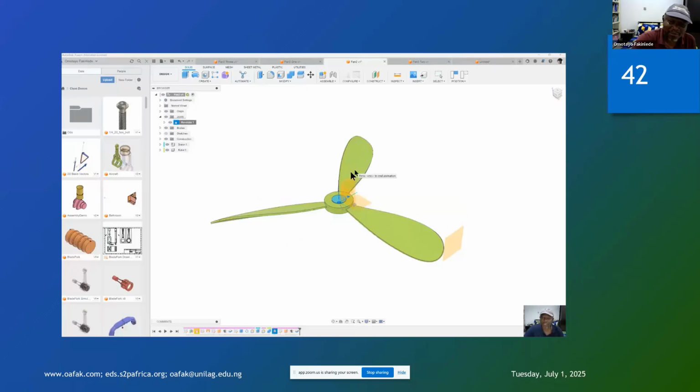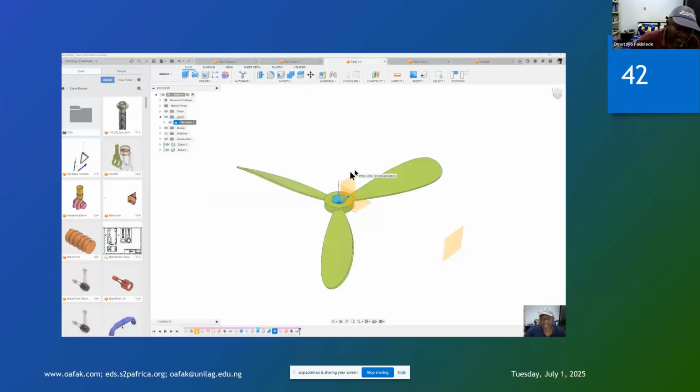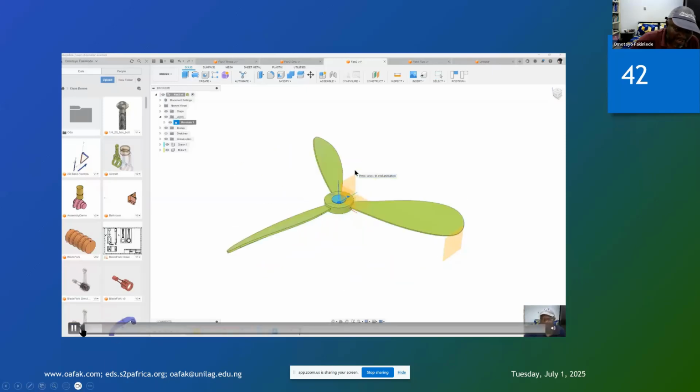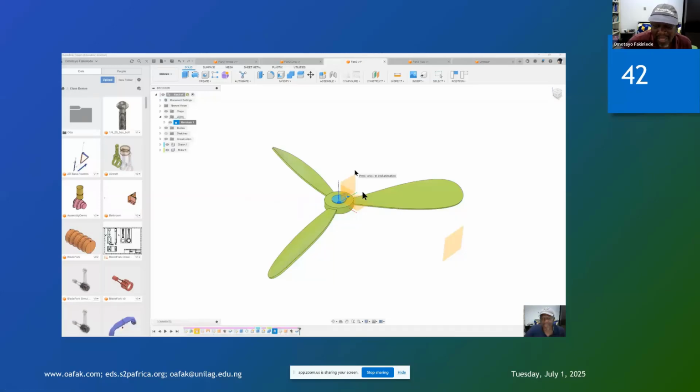So when we make the frame and when we make the fan and the thing moves like this, the question is this: how does an engineer decide how many blades he should have? How does an engineer decide how the blade should be shaped? How do we do that? We do that by going to the theory of fluid mechanics. We are going to put this in a simulator and we are going to put the air to it.